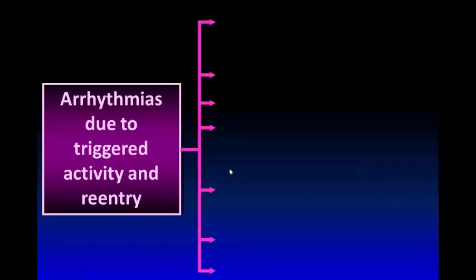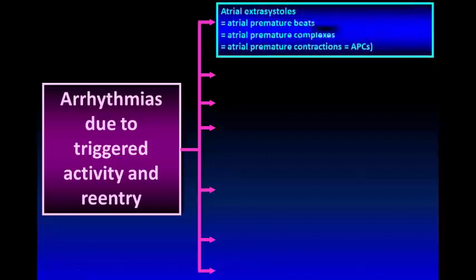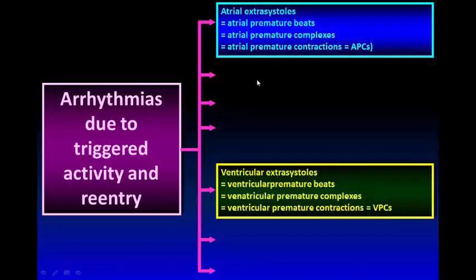They are further subclassified into atrial extrasystoles, which are also known as atrial premature beats, or atrial premature complexes, or atrial premature contractions. Similarly, we have ventricular extrasystoles, which are also known as ventricular premature beats, or ventricular premature complexes, or ventricular premature contractions.